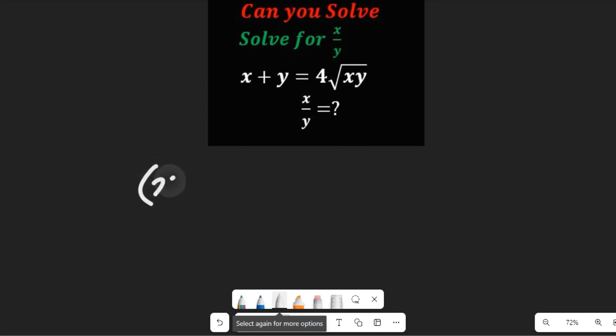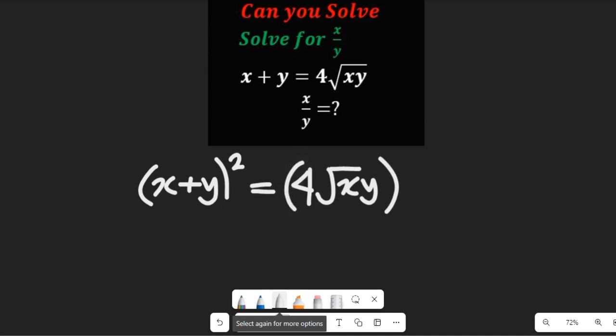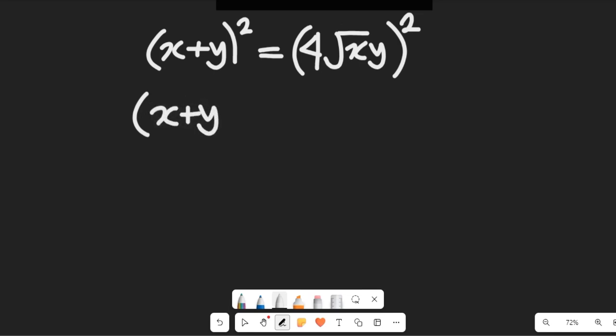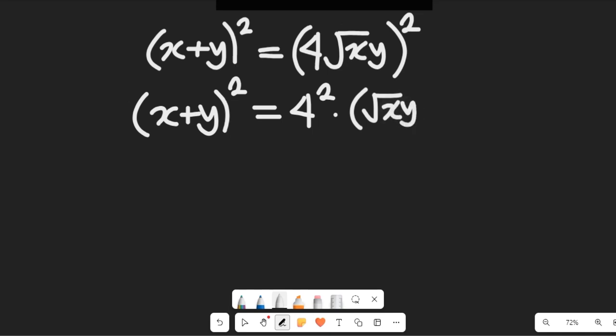We're going to have x plus y, being squared, and this will be equal to 4 multiplied by the square root of xy, all of it squared. If we square that expression, we'll have x plus y all squared equal to 4 squared multiplied by the square root of xy all squared.